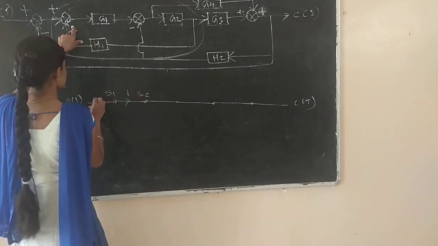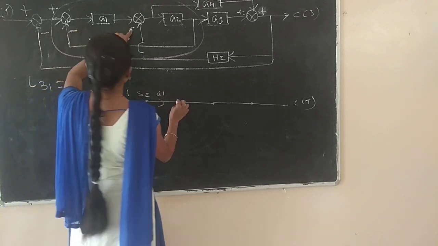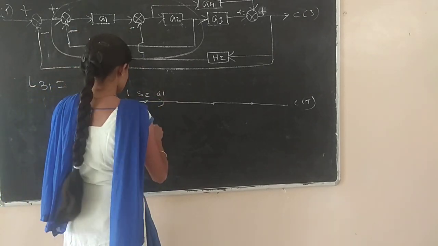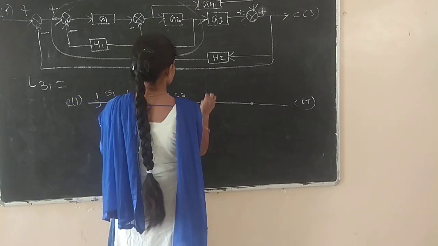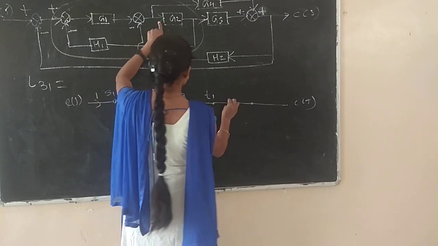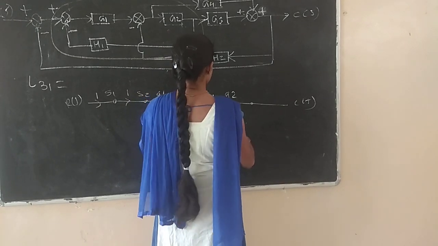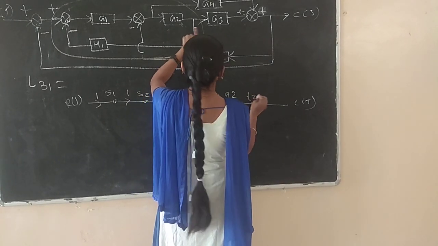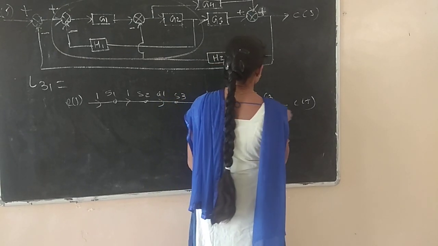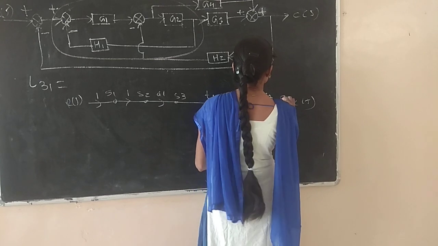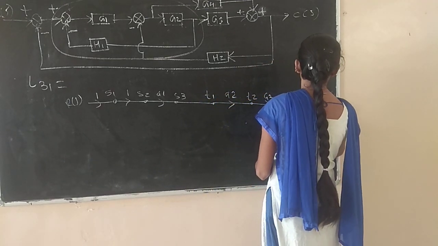In that 1, 1, then G1, then after G1 this summing point S3, then takeoff point T1, then G2, then takeoff point T2, then G3, and then summing point S4, and then takeoff point T3, and then C of S.